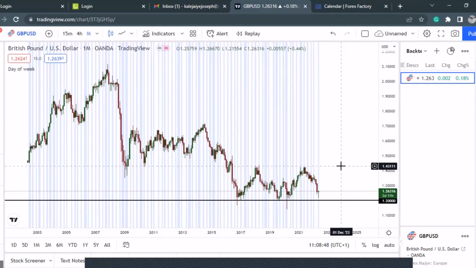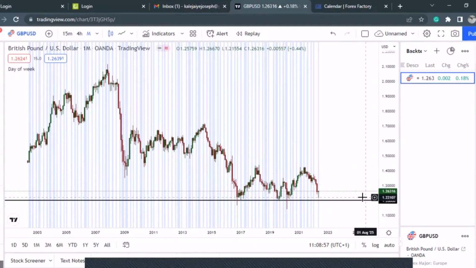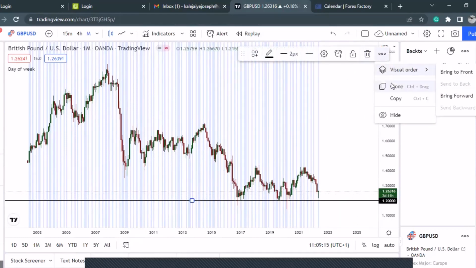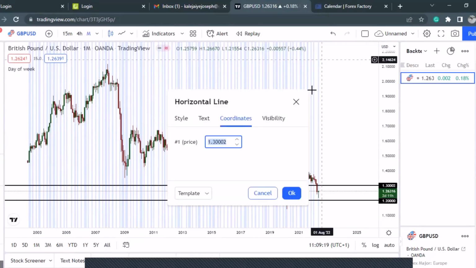Good. So basically here now, we've gotten it. If I take this and put it up, if I add 1,000 pips to this, I'm going to get 1.30, and if I add another 1,000 pips, I'm going to get 1.40. So let me clone this and make it whole.